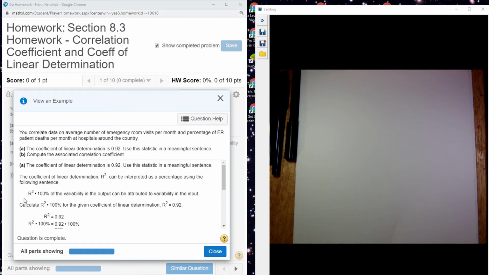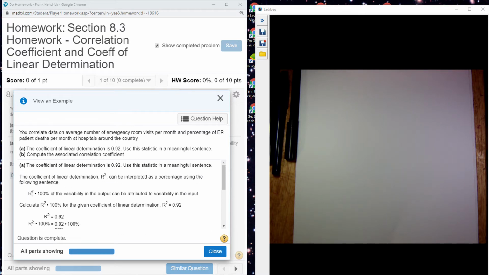So here r squared is a symbol for coefficient of determination, and multiplying that by 100 gives us the percentage.